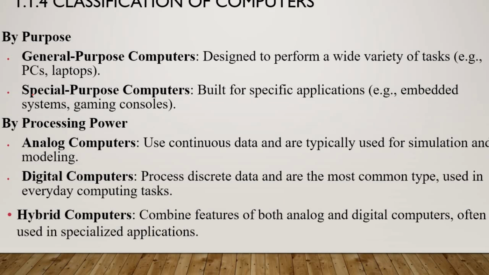By purpose, there are general purpose computers and special purpose computers. General purpose computers are designed to perform a wide variety of tasks, like PCs and laptops, and special purpose computers are built for specific tasks, like embedded systems and gaming consoles. Unlike general purpose computers, they are designed for critical mission-based, specific tasks. Then by processing, there are analog and digital. These are the two types of data we have in a computer system.